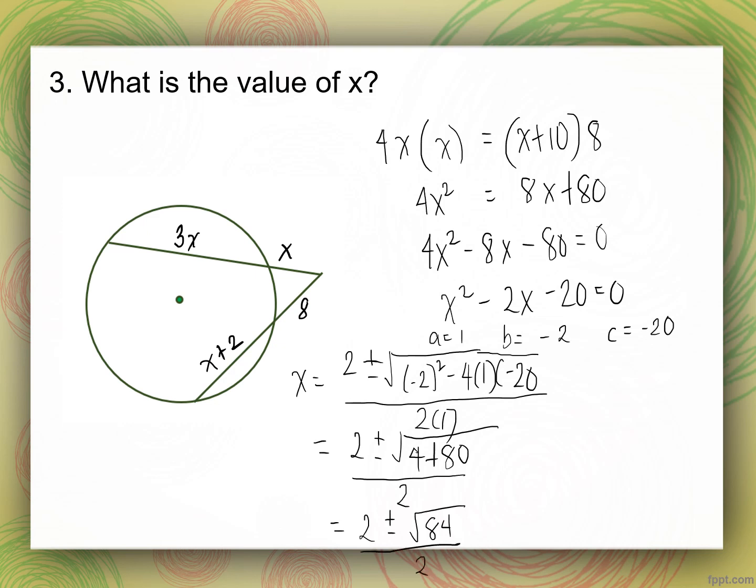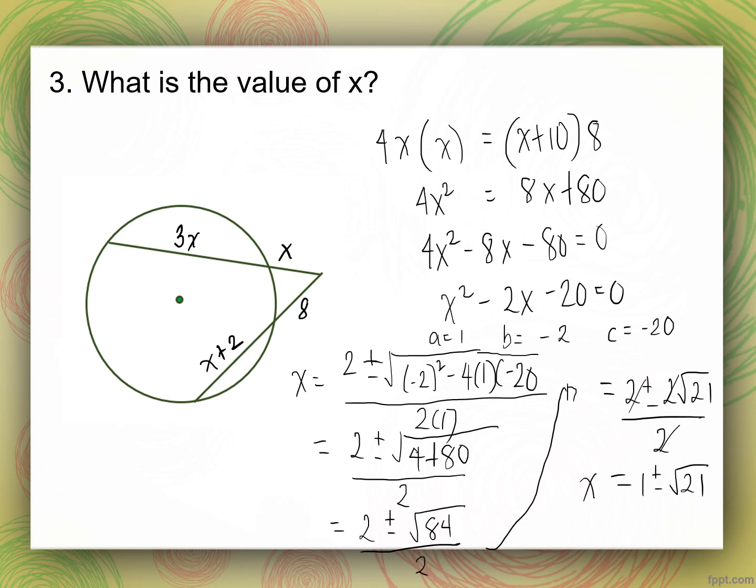Let's use the space here. So we'll have 2 plus and minus the square root of 84, which is 2 square root of 21, all over 2. We can just cancel out all the 2's here. So our x is equal to 1 plus and minus the square root of 21.